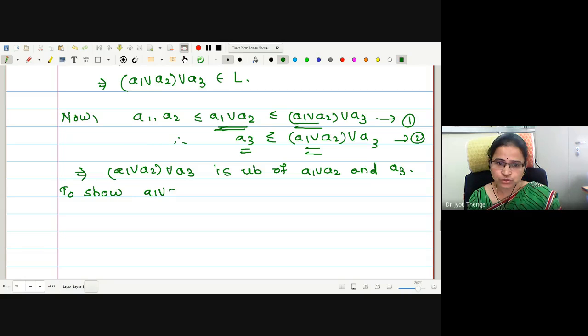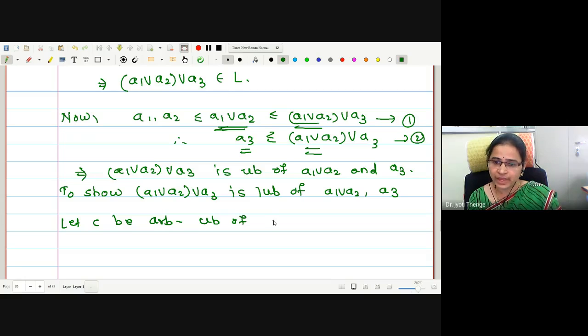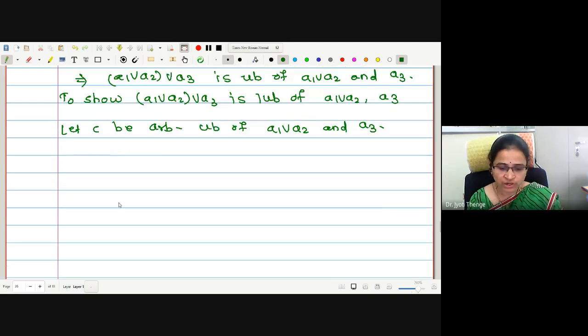To show A1 join A2 join A3 is LUB of A1 join A2 and A3, let C be arbitrary upper bound of A1 join A2 and A3. Correct na? If it is an arbitrary upper bound, what can I write? A1 join A2 and A3 both will precede by C.